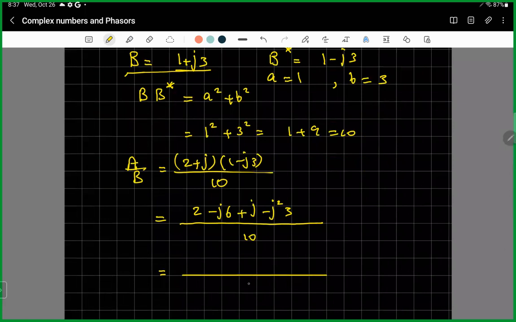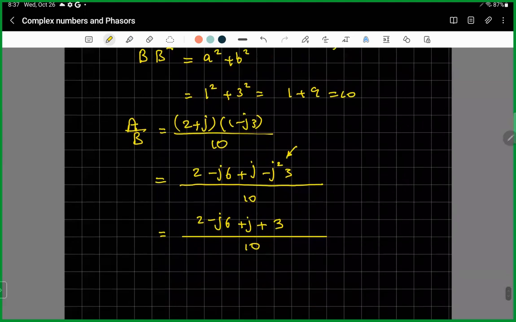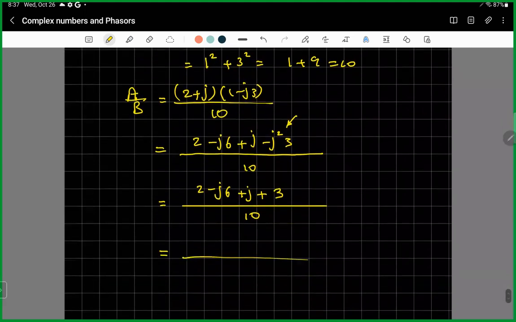I have 2 minus j6 plus j, and j squared is minus 1, so minus the minus is positive 3. I'm showing detailed steps, but you can do it quickly in your head. 2 plus 3 is 5, minus j6 plus j is minus j5.